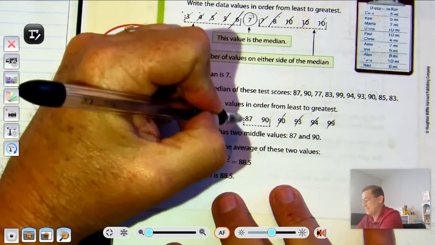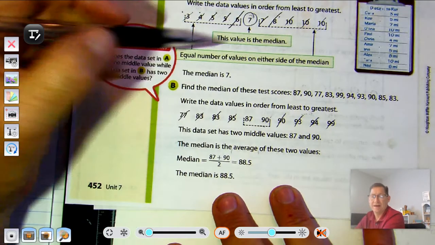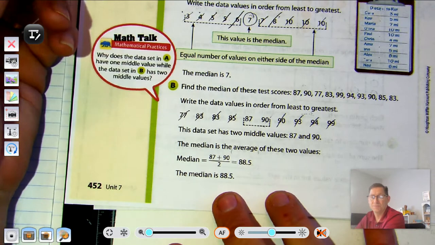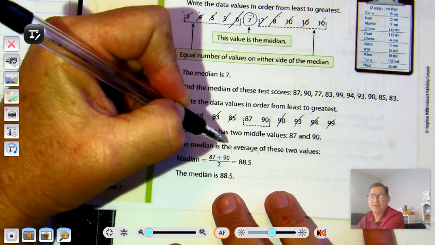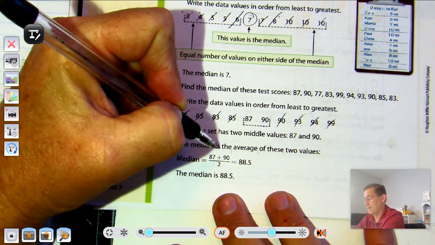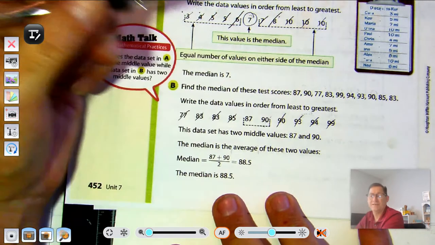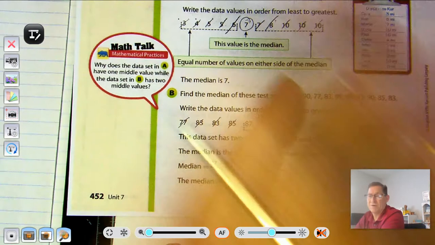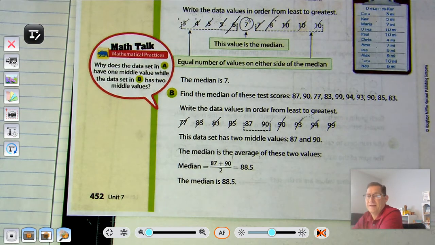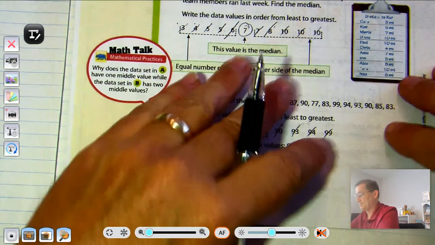So what I do in this case is I take those 2, add them together, divide by 2. So 87 plus 90 is 177, and 177 divided by 2 is 88 and a half. Okay, so we're basically going to be practicing median and mean in this lesson.